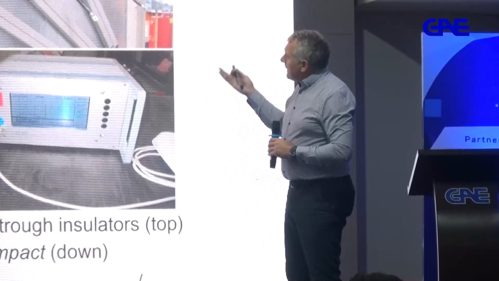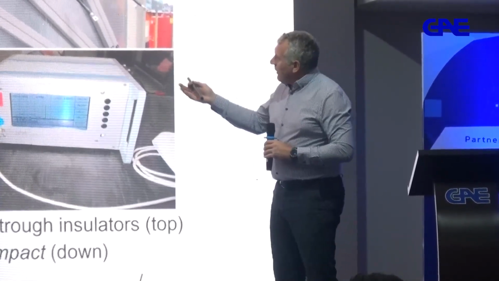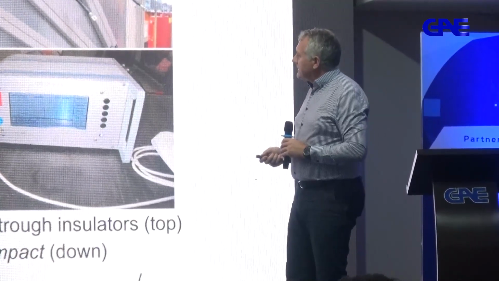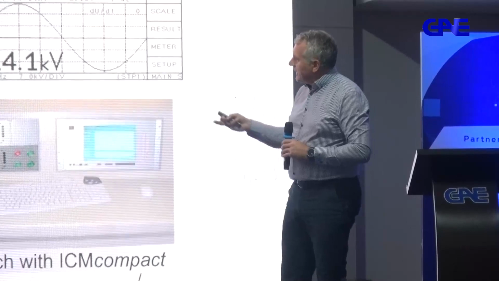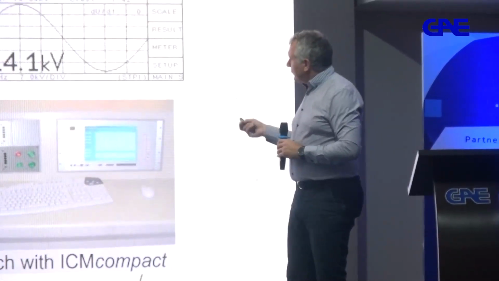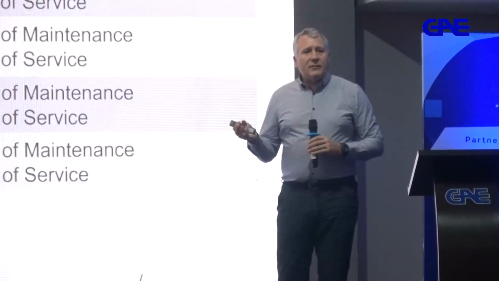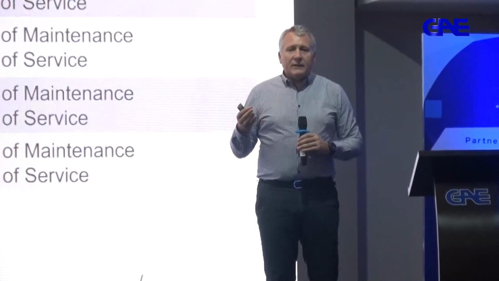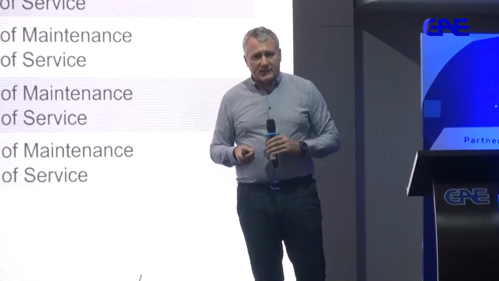In that case, I'm just showing you how the ICM compact is being used, we are powering the device. And yeah, these are typical examples that you can see for cable, for transformers. So ultimately, these devices can do everything that you need in order to do partial discharge testing.